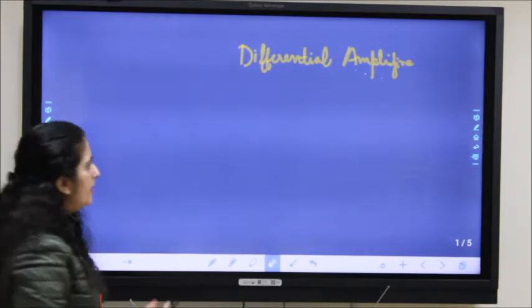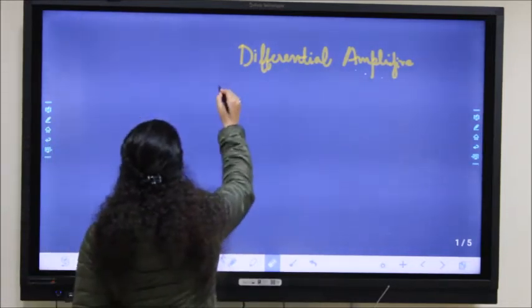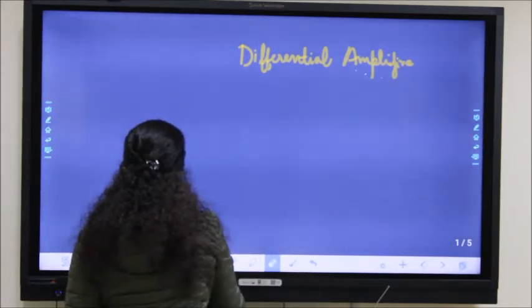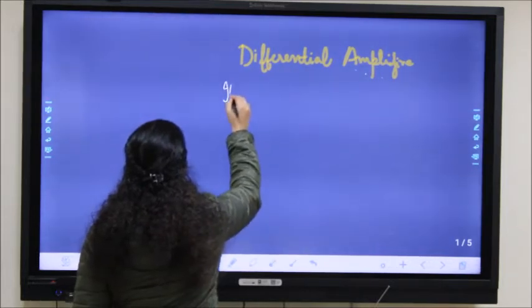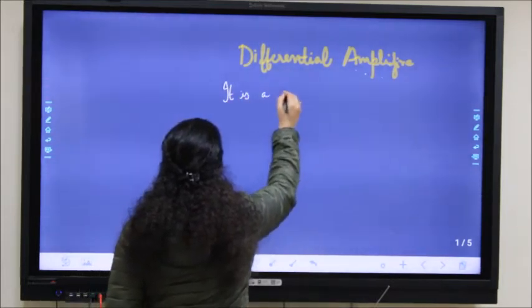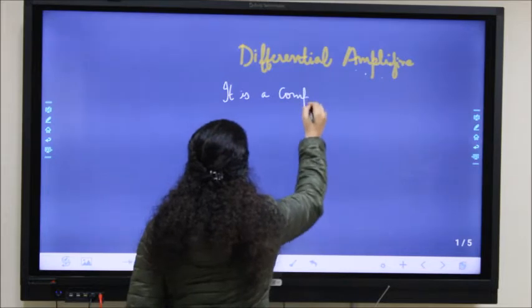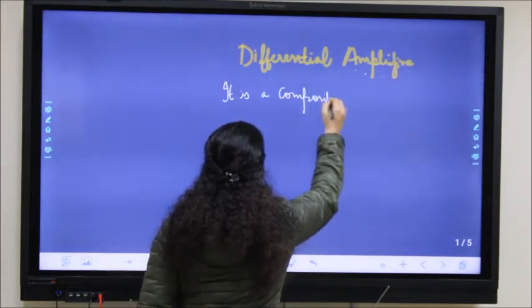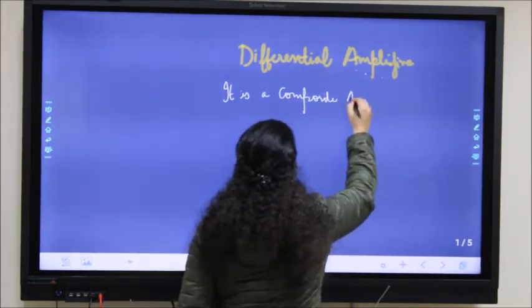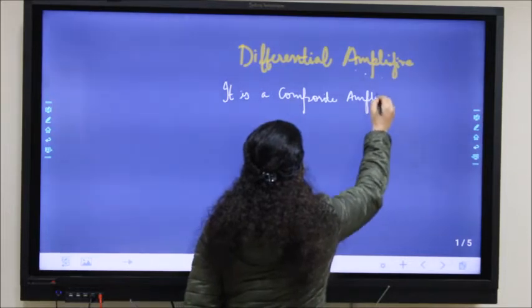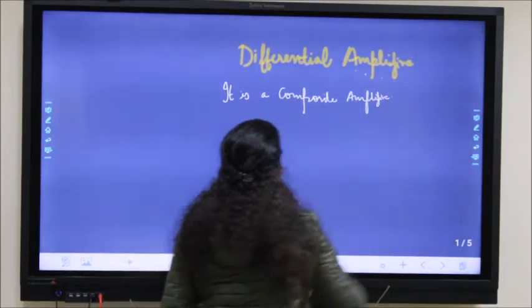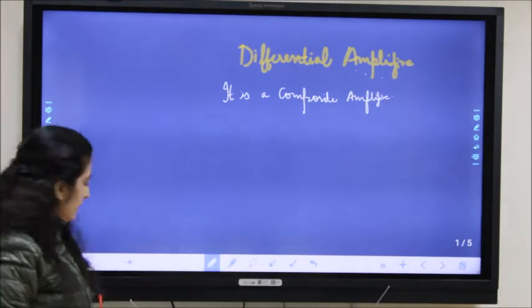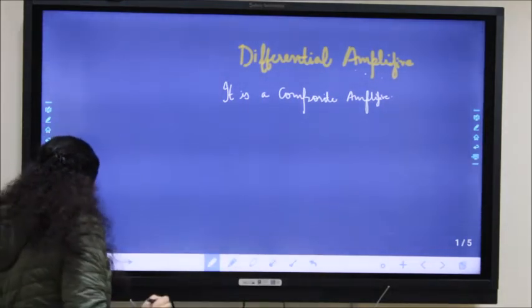Differential amplifier is a composite amplifier.